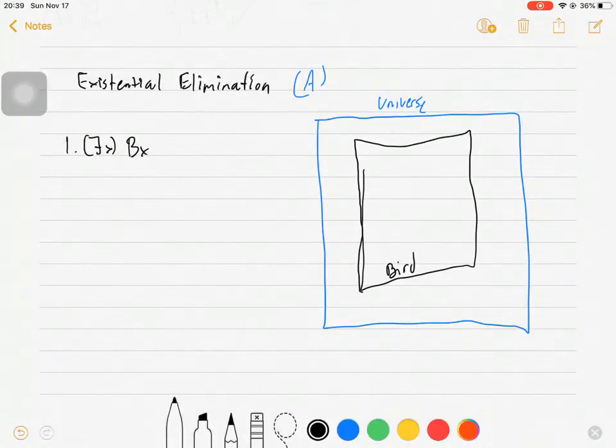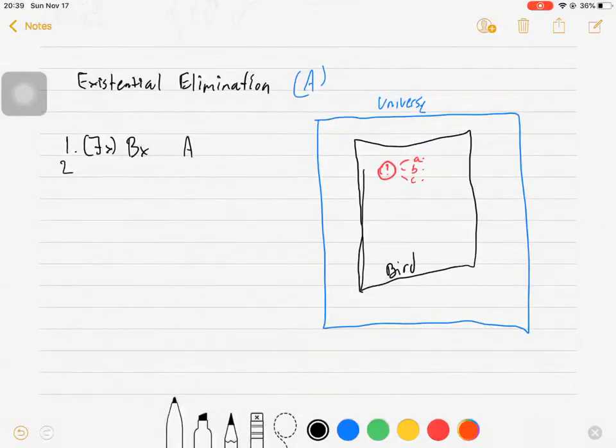This tells you that there is something in here that is a bird. What we don't know, however, is what particular thing it is. It could be an A, a B, a C, a D, etc. So, all we know is that there does exist something such that it is a bird.